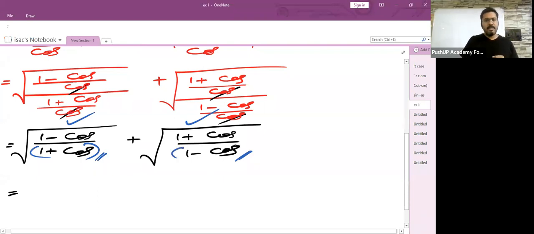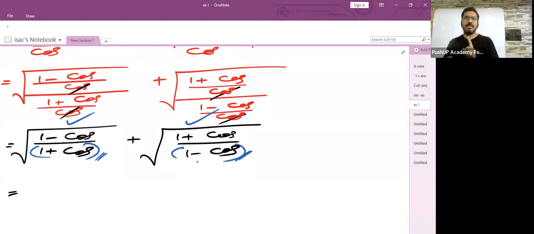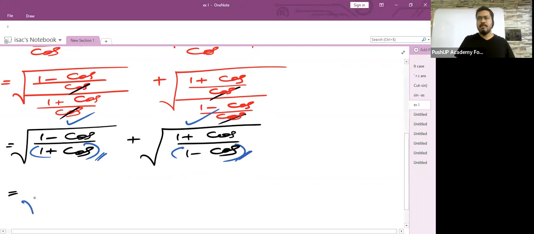And in the second square root sign, the denominator 1 minus cos should be multiplied with 1 plus cos, so that 1 minus cos into 1 plus cos becomes 1 minus cos square, which in turn gives you sine square. Okay. Am I clear? Joanne, solved it? Multiply this 1 minus cos with 1 plus cos.